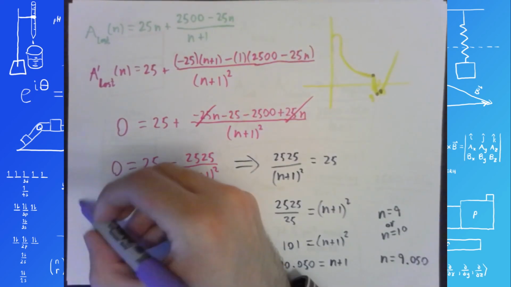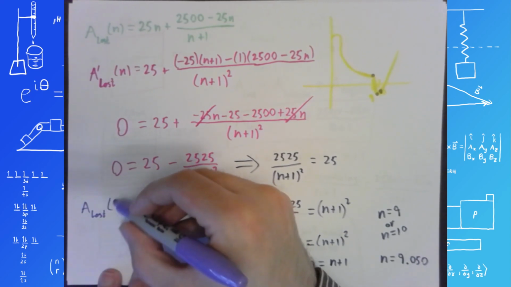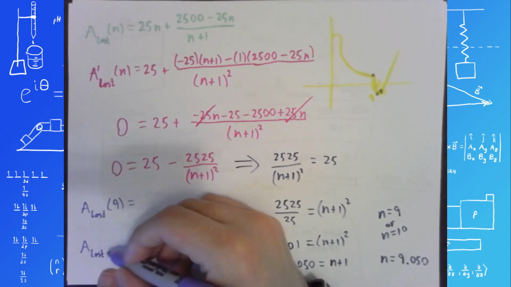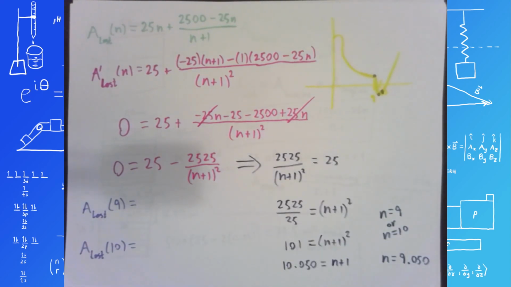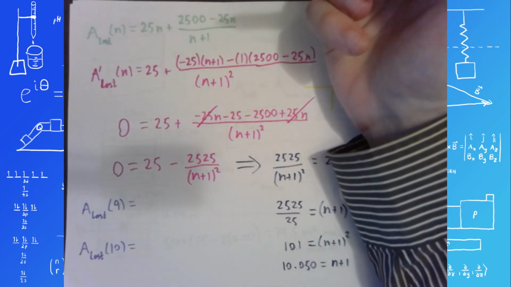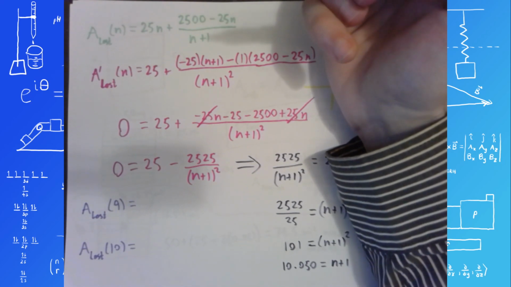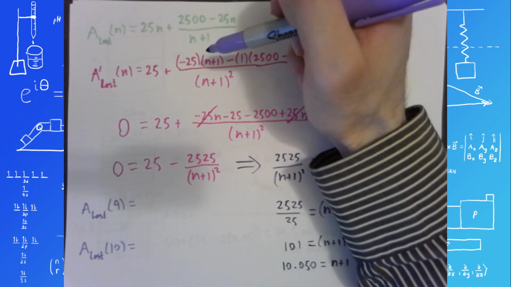So if I do a loss of 9 versus a loss of 10, and I'm just going to rely on my calculator for this. 25 times 9 plus fraction 2500 minus 25 times 9 over 9 plus 1, so over 10.